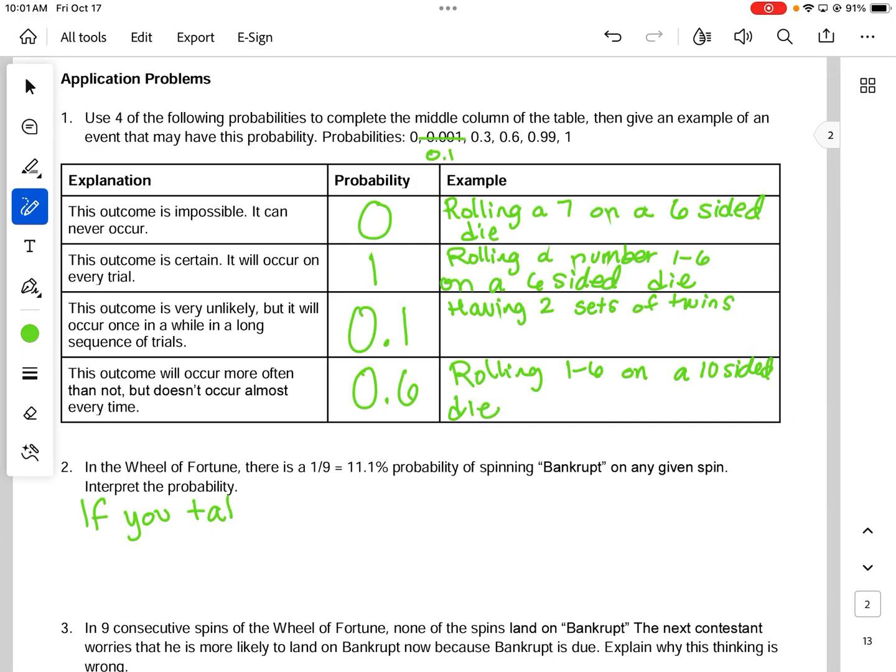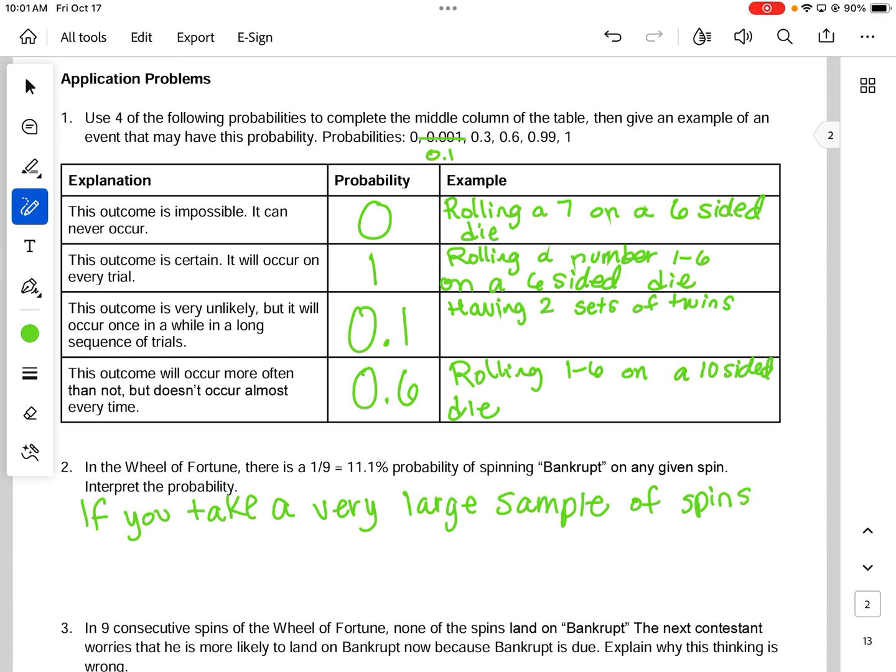If you take a very large sample, what is our sample going to be? What are we going to simulate multiple times? Yeah, the Wheel of Fortune spins.